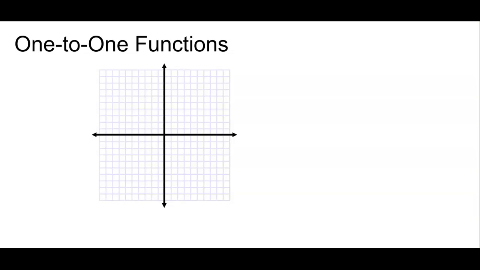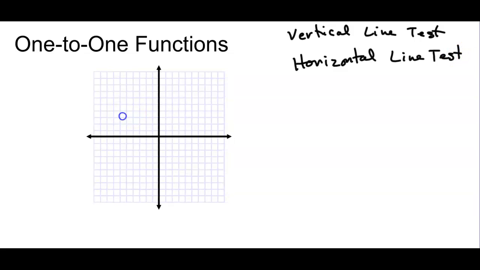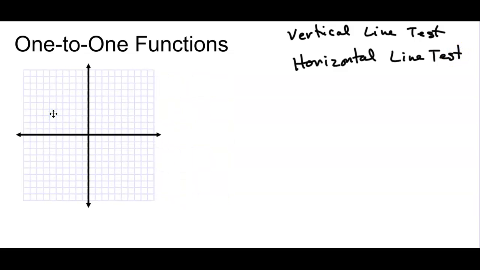One-to-one functions. One-to-one functions have to pass the vertical line test to be a function, and then they have to pass the horizontal line test to be a one-to-one function. So let's say I have, let me see if I can bring this over here.